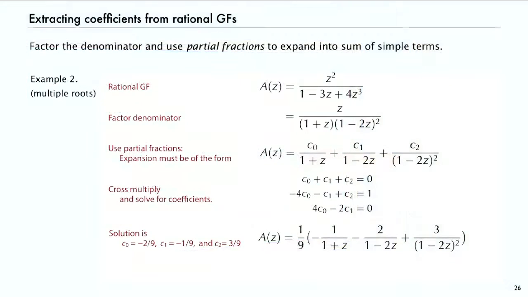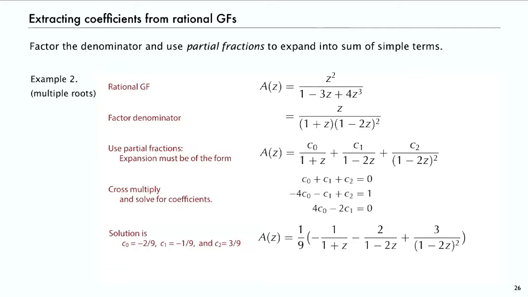And in this case, we get c0 equals minus 2/9, c1 equals minus 1/9, and c2 equals 3/9. They all sum to 0 and so forth. And again, from that, then we have broken the function up into simpler terms that we know how to expand. The coefficient of z to the n in 1 over 1 plus z is minus 1 to the n.